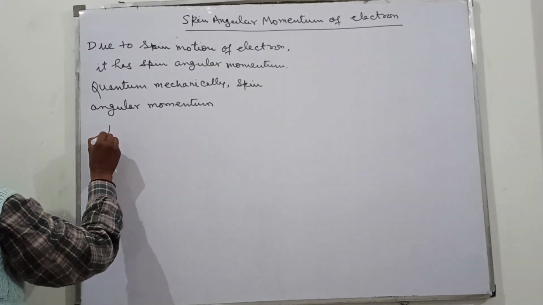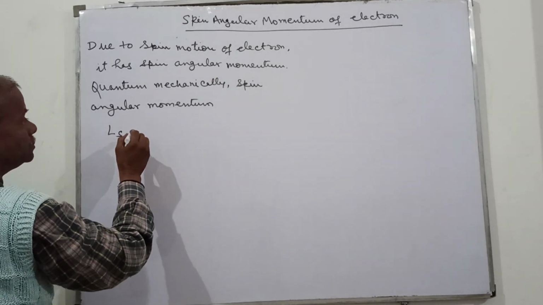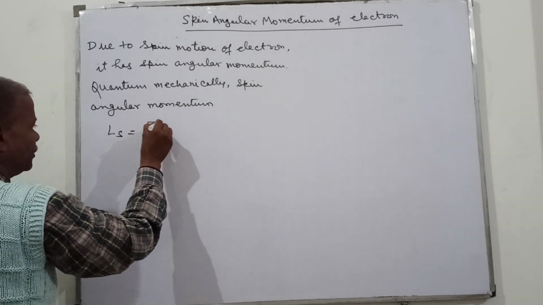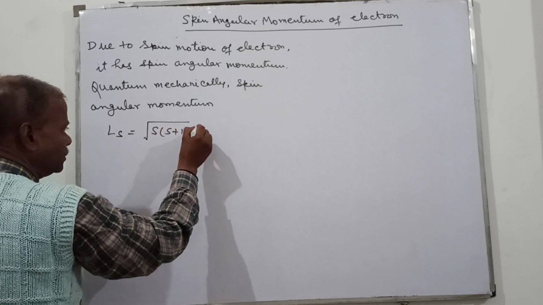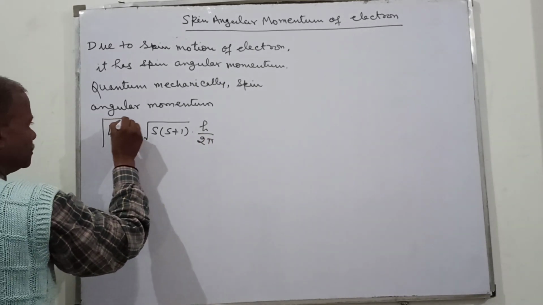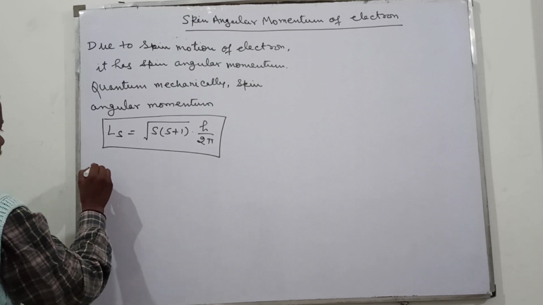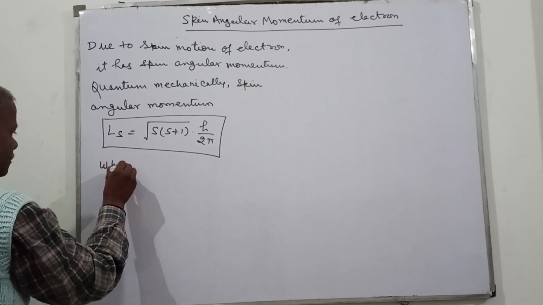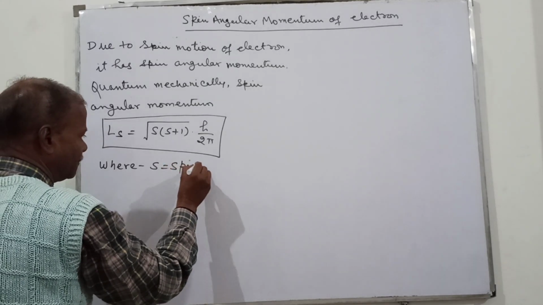now this Ls equal to square root of S into S plus 1 into h upon 2 pi, where S equal to spin quantum number.